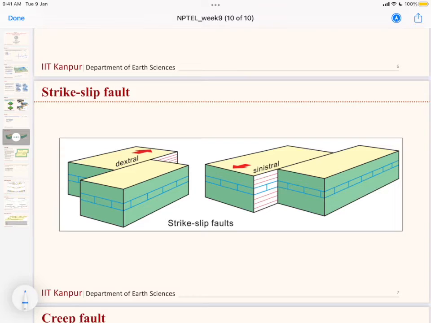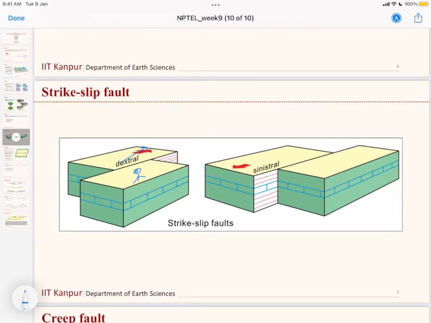I hope you know how we can designate a fault as a dextral strike slip fault or a sinistral strike slip fault. If you are standing on this side of the block and looking at the adjacent, or opposite, block, and it is moving towards your right hand side, then it's a dextral strike slip fault, and if it is moving towards your left hand side, then it is a sinistral strike slip fault.